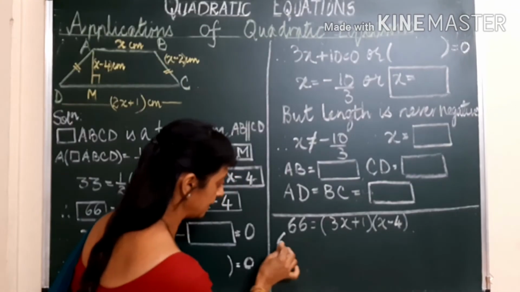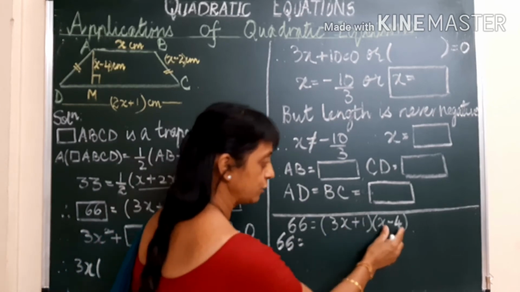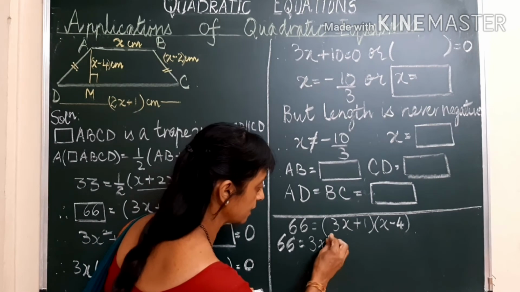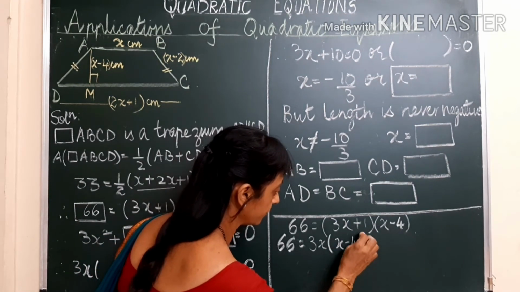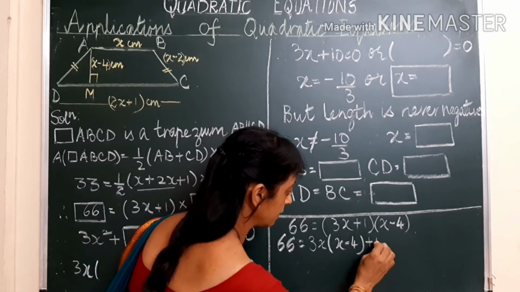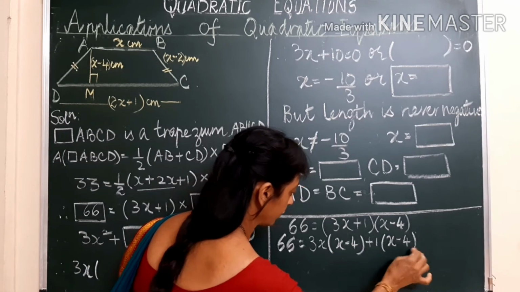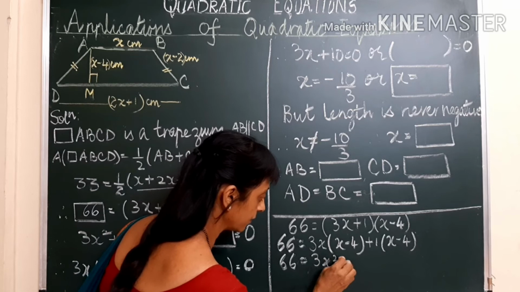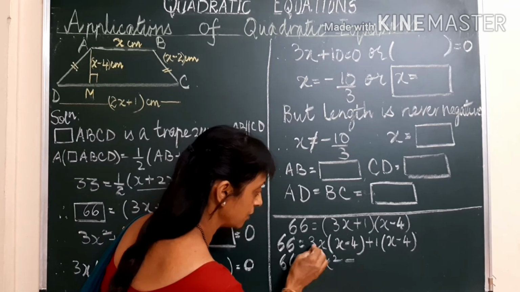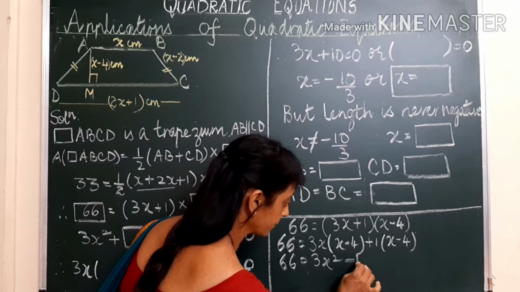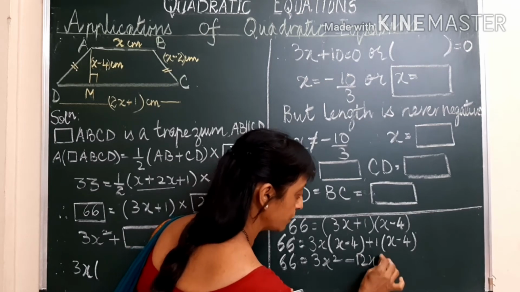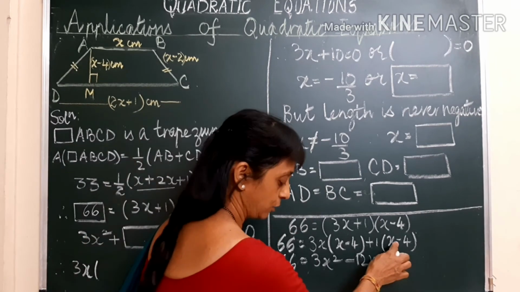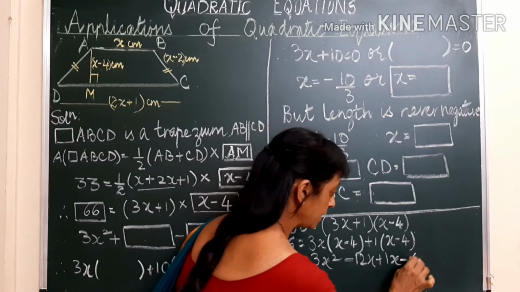On the right hand side, let's open the bracket. 3x into x minus 4 plus 1 into x minus 4. So, that gives us 3x into x is 3x squared, plus into minus is minus, 3 4s are 12x, plus 1 into x is plus 1x, or you can just write it as plus x, plus into minus is minus, 1 4s are 4.